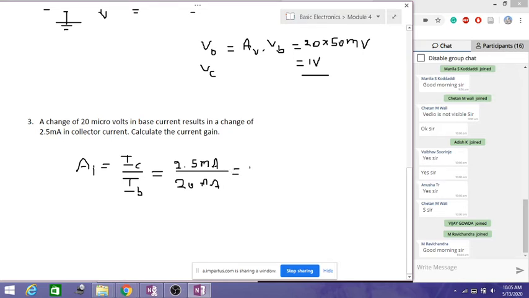Then this is equal to 125. So this is the current gain which you will get. This is how we get it. As a simple example, I request you all to work out in a similar way. You can find many similar examples on this. So we'll talk about the next topic now.